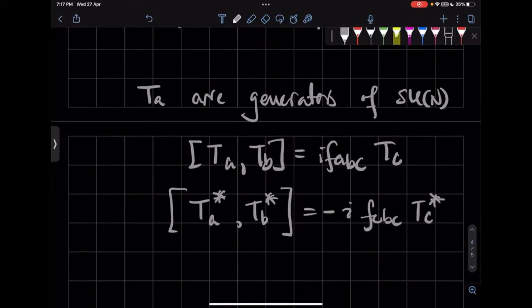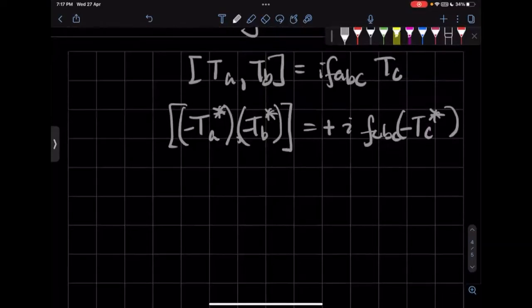Now you can absorb this minus sign into this guy, and similarly this guy. So you see that -TA* are also elements of the Lie algebra. Okay.